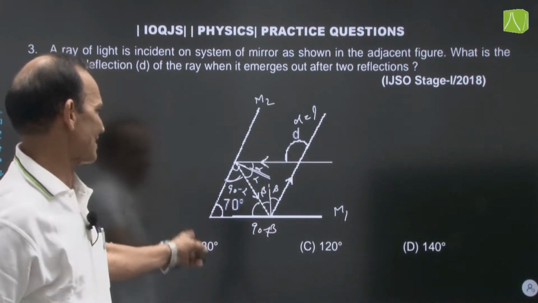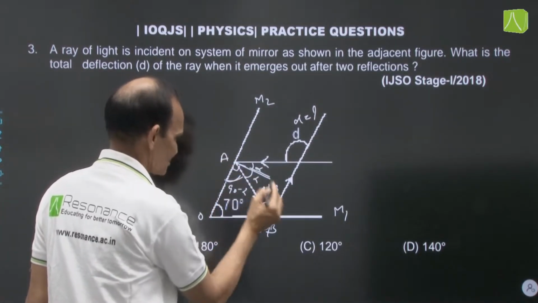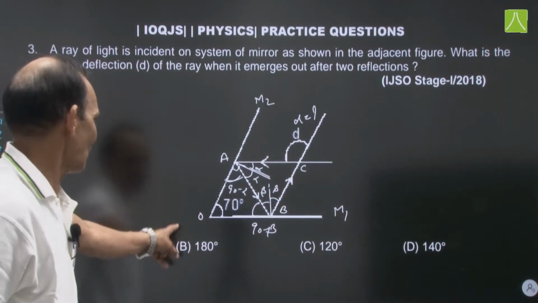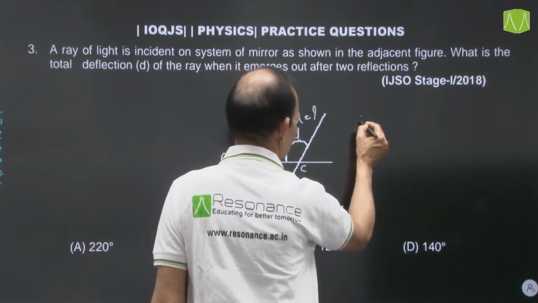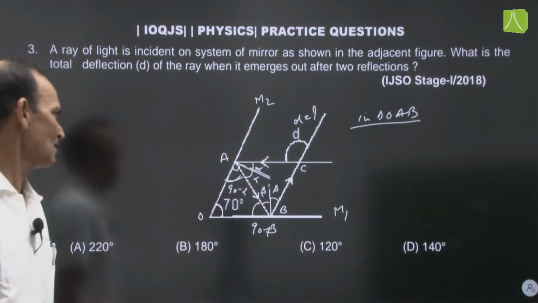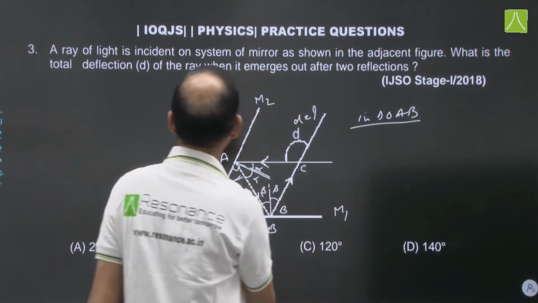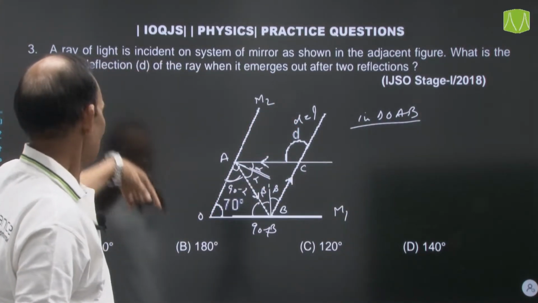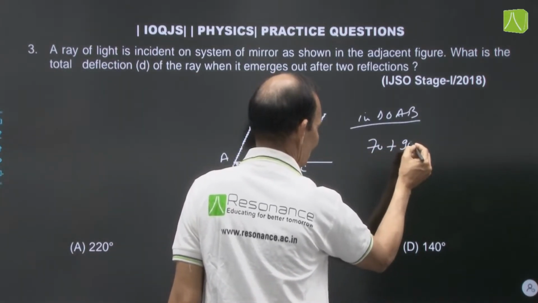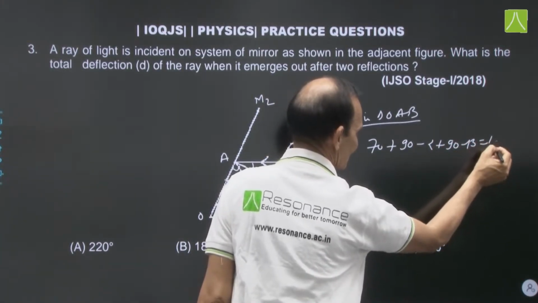We can write in this triangle, suppose this point is O, A, this one is B point, this is C point. Now think about triangle OAB. In triangle OAB, the sum of all angles will be 180 degrees. Theta is given, that is 70 degrees. 70 plus 90 minus alpha plus 90 minus beta equals 180 degrees.